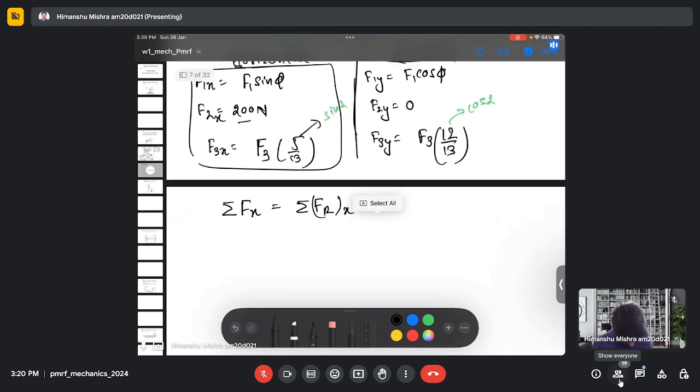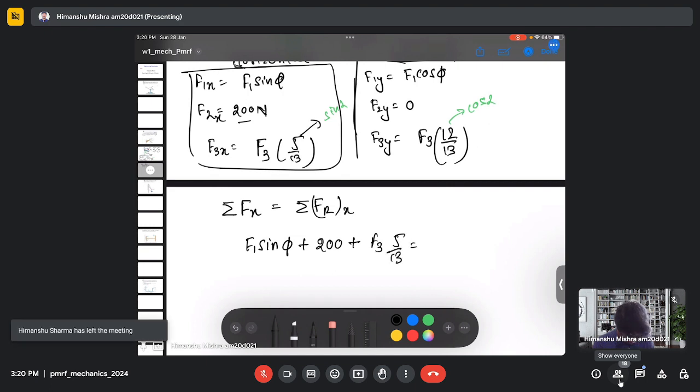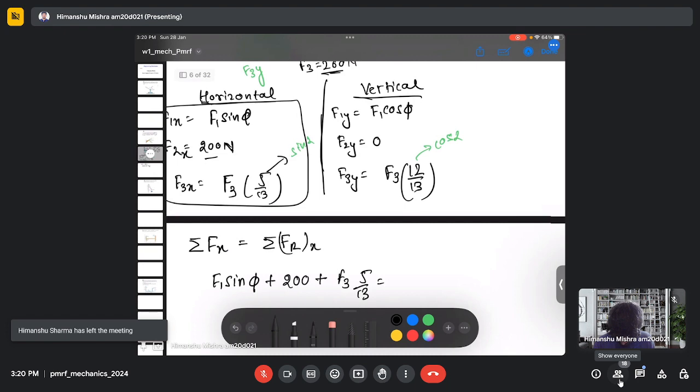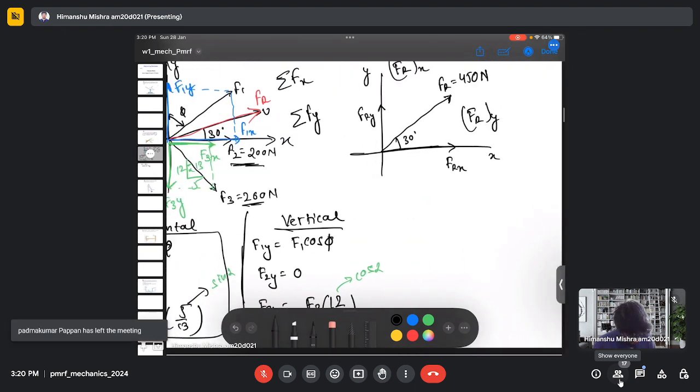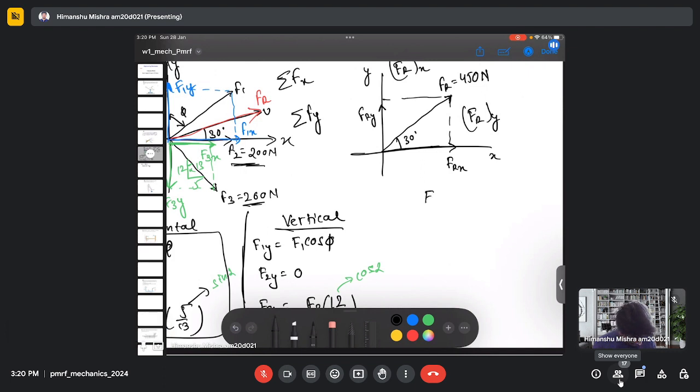So it will be F1 sine phi plus 200 plus F3 5 by 13 equal to, so here my FRX is FR cos 30 and FRY equals FR sin 30.